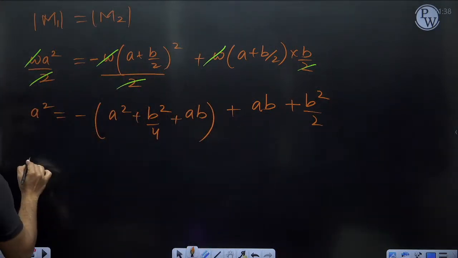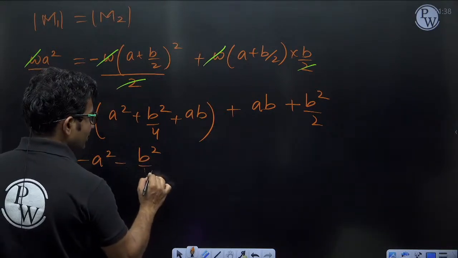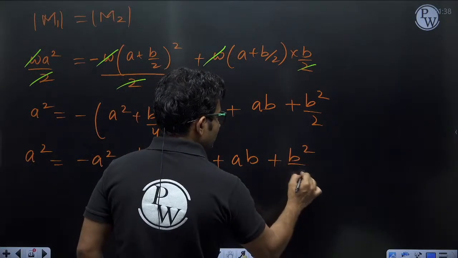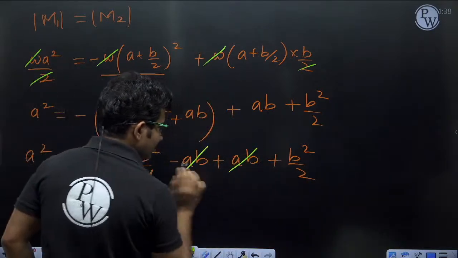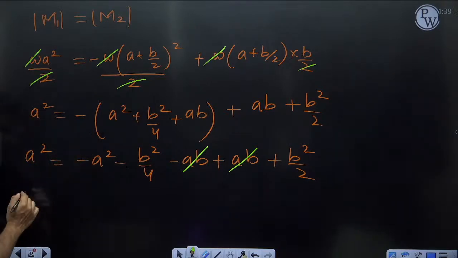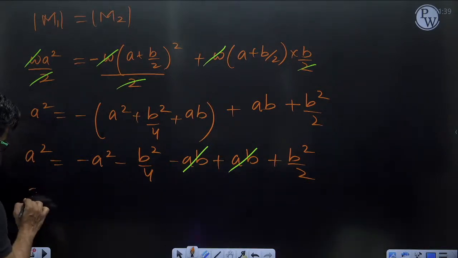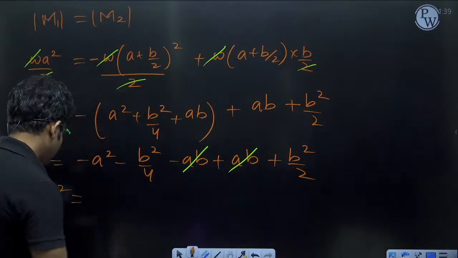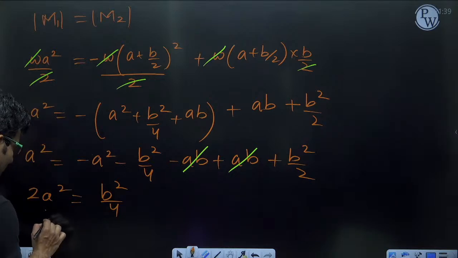So I am getting a² equal to minus a² minus b²/4 minus ab plus b²/2. Now this ab and ab will get cancelled out. This a² will come here and become 2a², and this will be equal to b²/2 minus b²/4, which is b²/4.